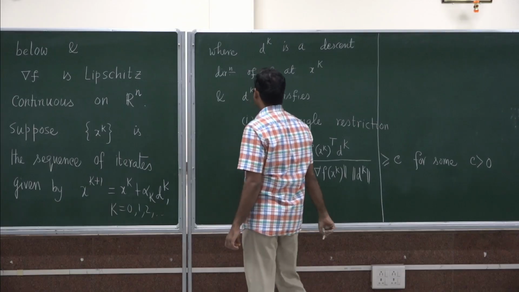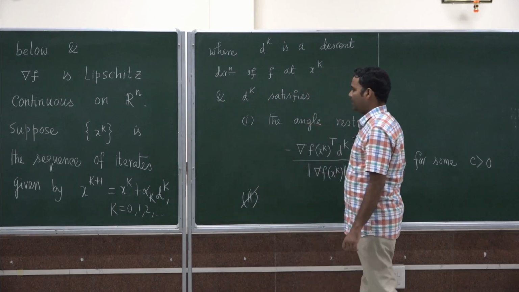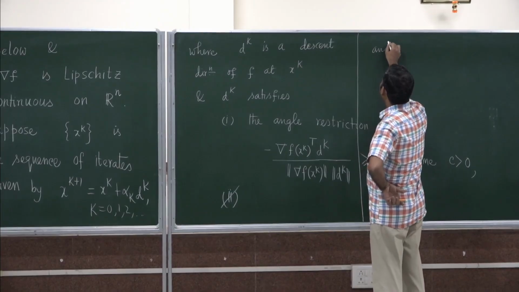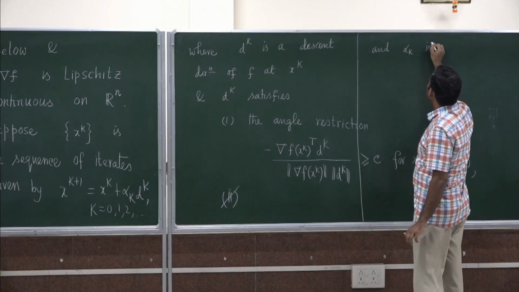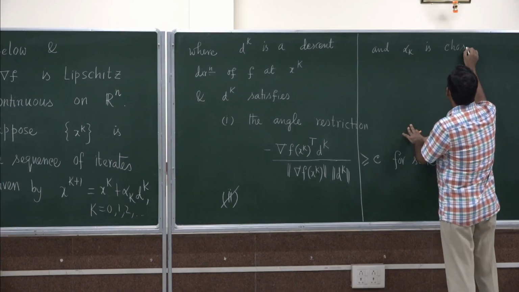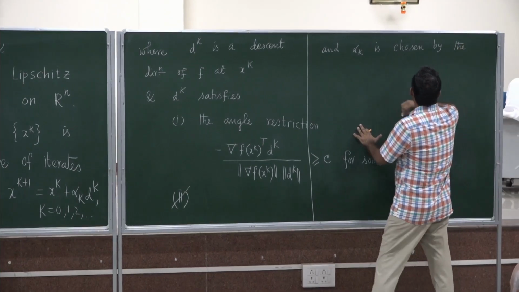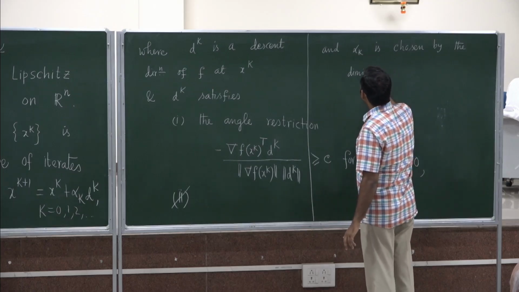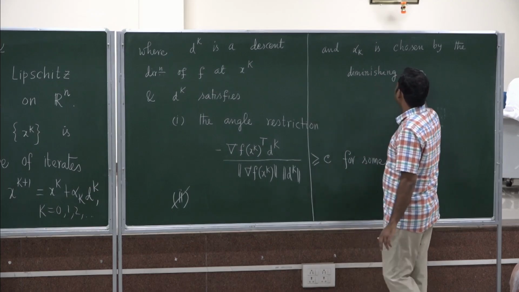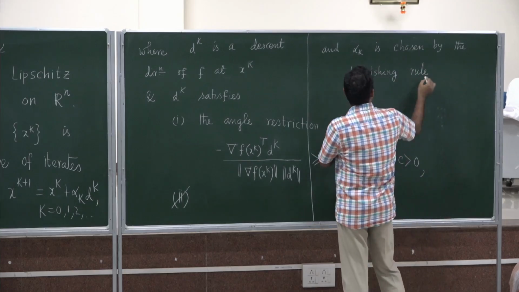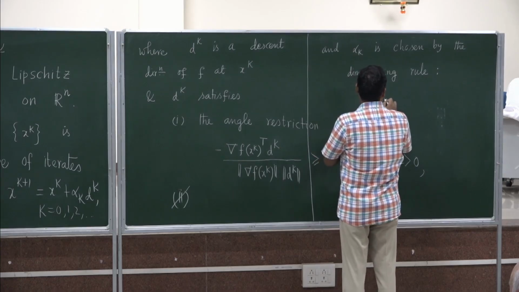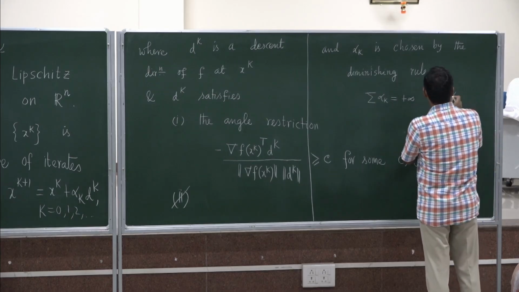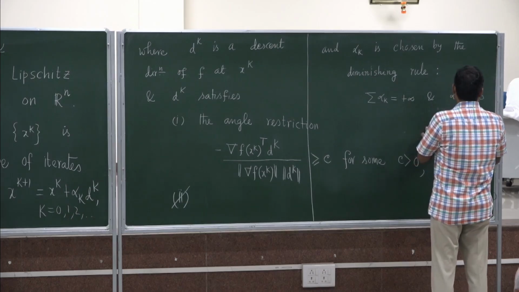Maybe this should not be a point over here, this is a restriction for a given d_k, and then for every k we have this restriction, and where this happens, and the step length alpha_k tends to 0 as k tends to infinity.